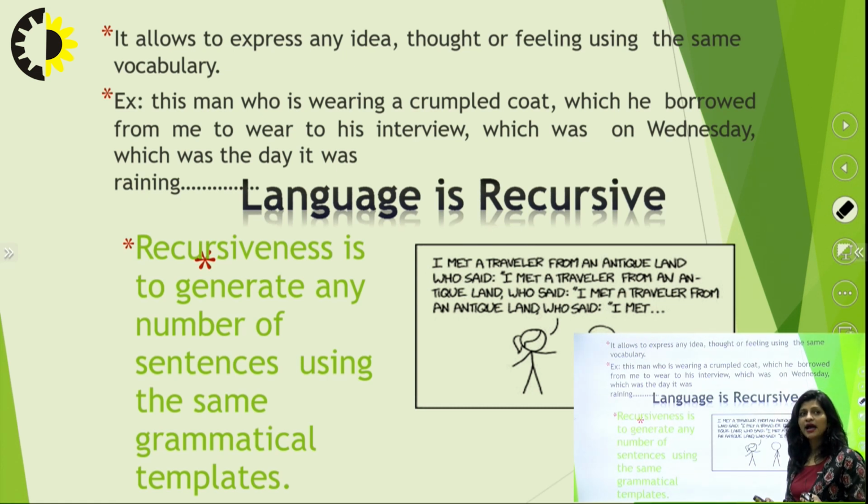Now you can see I can generate any number of sentences using the same grammatical template. So this is another feature of language: language is recursive. You can add any number of clauses in the same grammatical structure of the sentence.